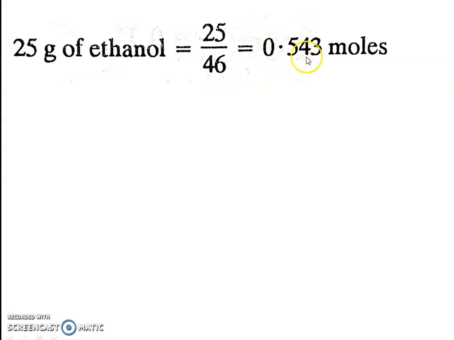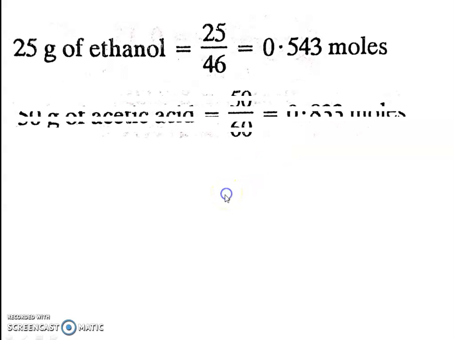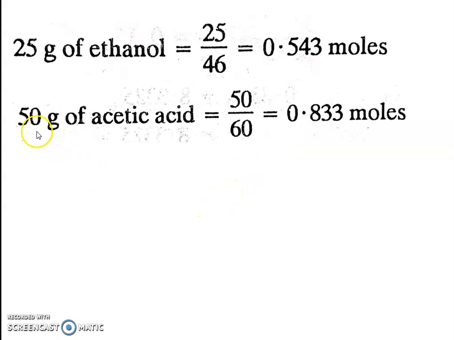It is equal to 0.543 moles. For 50 gram acetic acid, the number of moles equals 50 upon 60, where 50 is the weight of acetic acid and 60 is the molar mass of acetic acid. When we solve this, it comes 0.833 moles. So the number of moles of water, ethanol and acetic acid is known now.